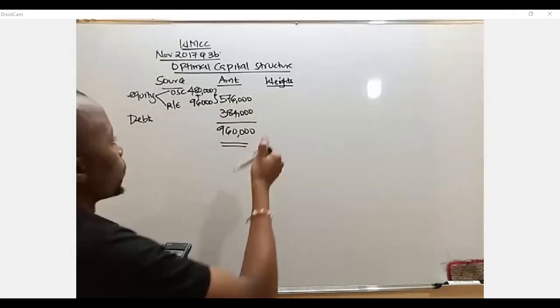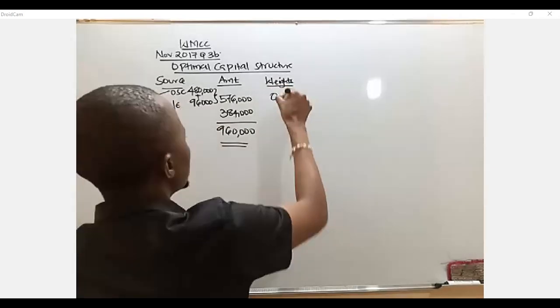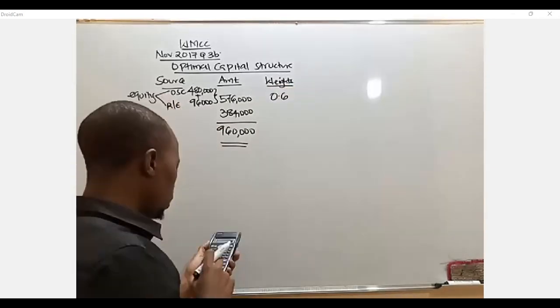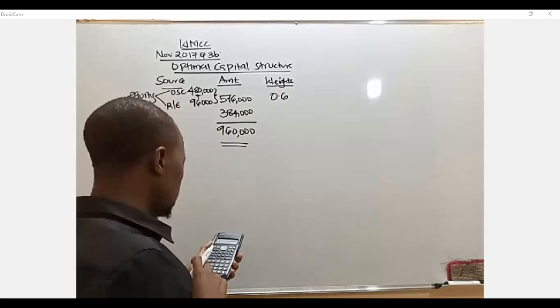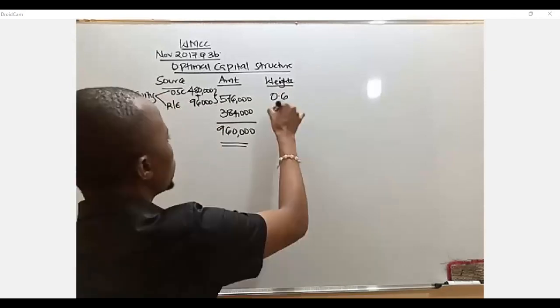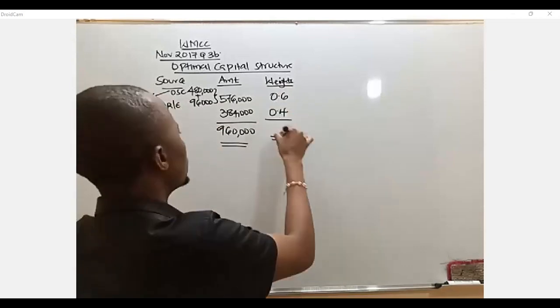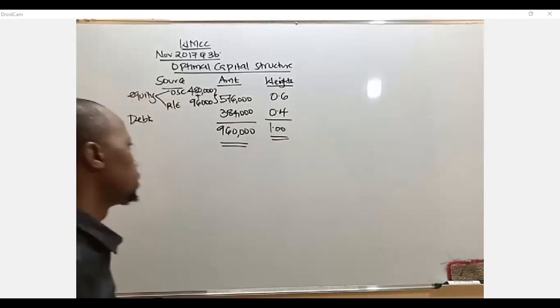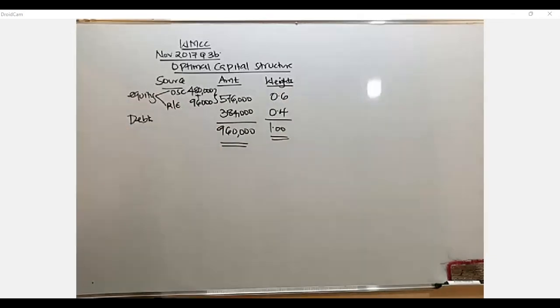I'm getting 0.6. Then the other one will be 384 divided by 960. We are getting 0.4. These should give us 1. That is the first stage which we have to approach in our questions.